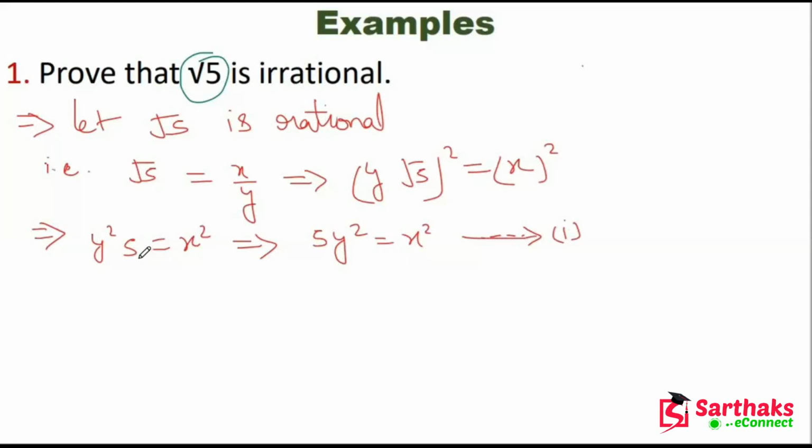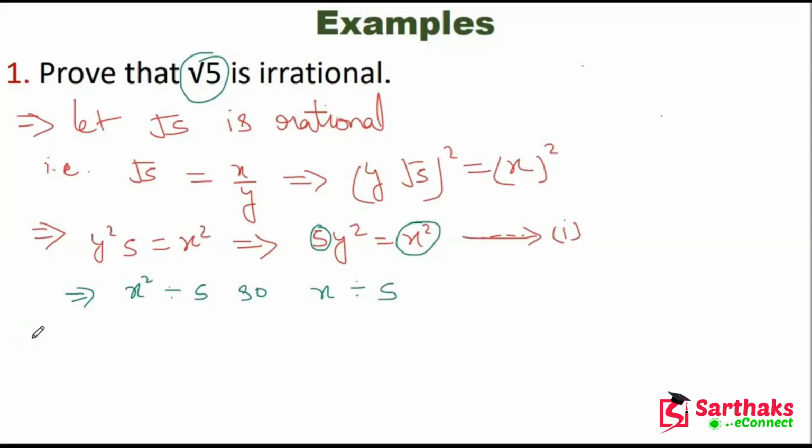So x square is divisible by 5. From this we can conclude that x square is divisible by 5, so x can also be divisible by 5.